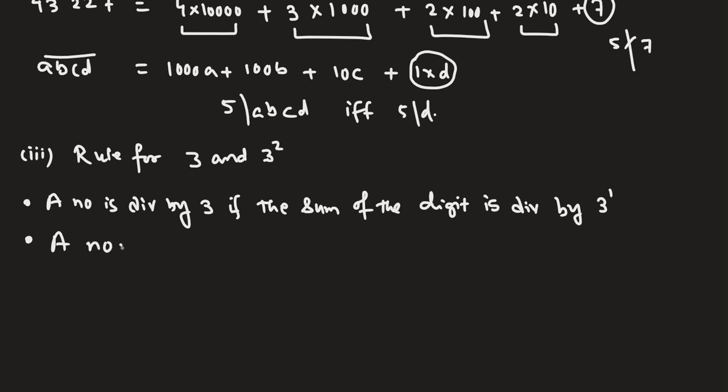A number is divisible by 3 square if the sum of the digits is divisible by 3 square. So why does this happen? What is the reason behind it?